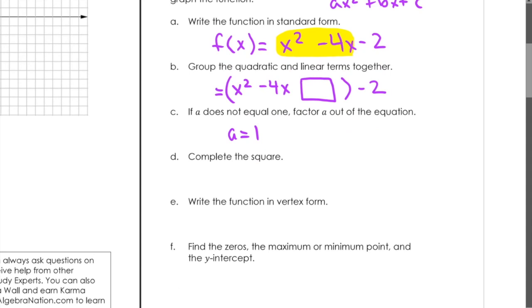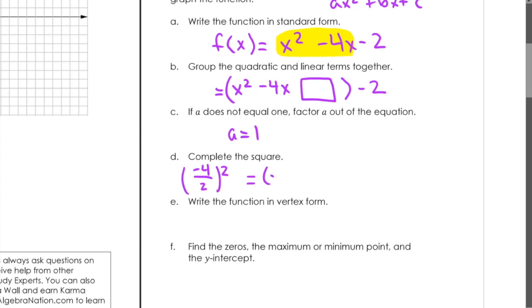Complete the square. Remember how to complete the square: you take that negative 4, whatever number is in the middle, divide it by 2, and square that number. Negative 4 divided by 2 is negative 2, and negative 2 squared is 4. So let's rewrite the parentheses part.